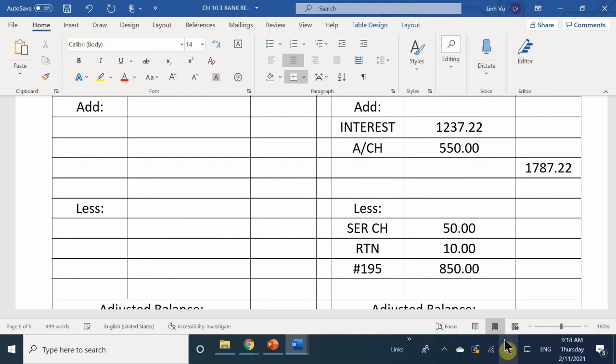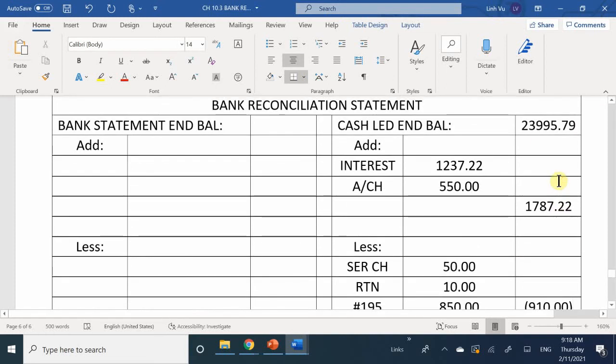So what's my grand total here? 910. Okay, so let's go ahead and calculate that. So what's my new ending balance going to be in my cash ledger?